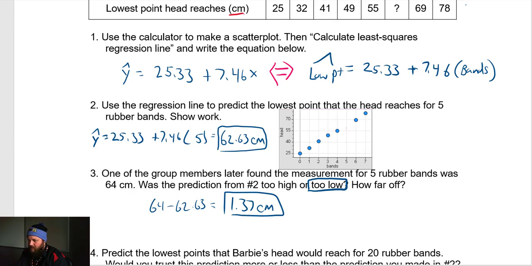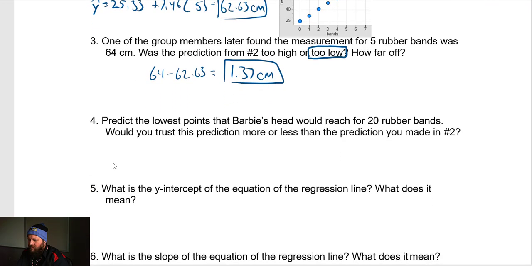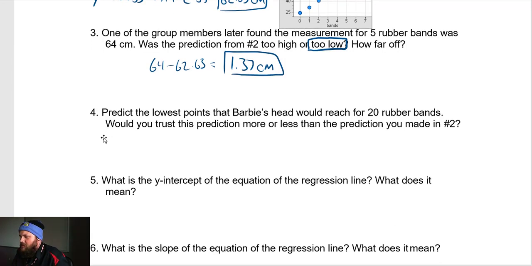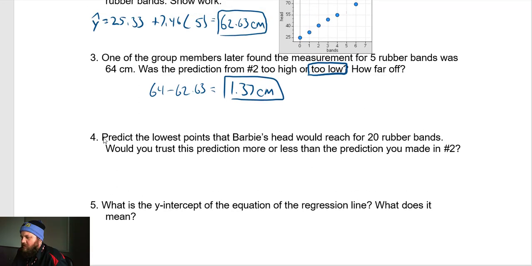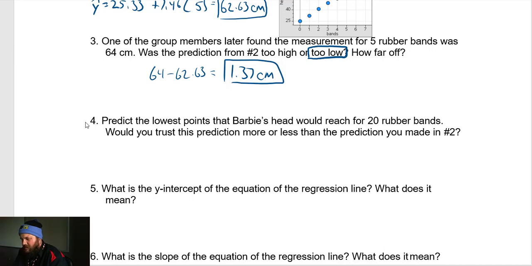Now, the next problem we're looking at here, for number 4, is predict the lowest point Barbie's head would reach for 20 rubber bands. Would you trust this prediction more or less than the prediction you made in number 2? Number 2 is when we predicted 62.63, but now it's saying 20 rubber bands. So let's see how this works out. Our equation, y hat equals 25.33 plus 7.46 times 20.